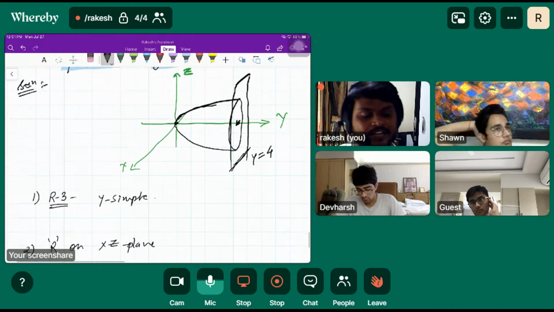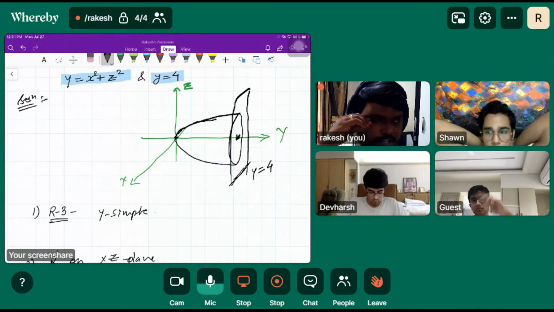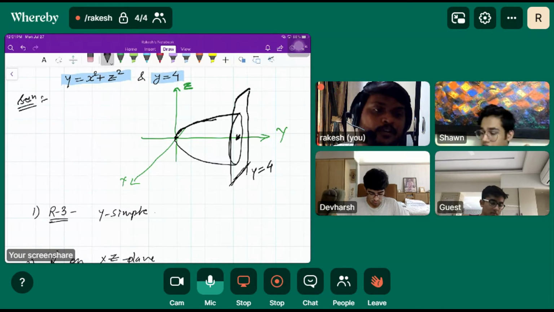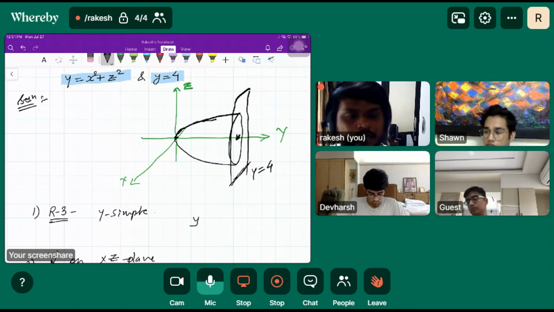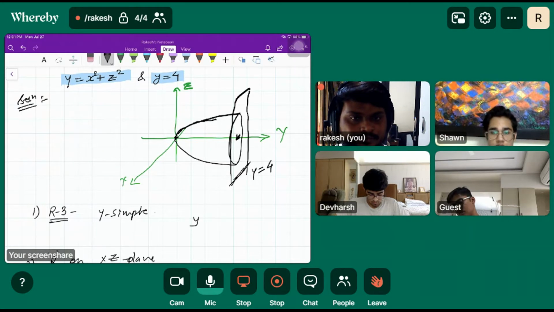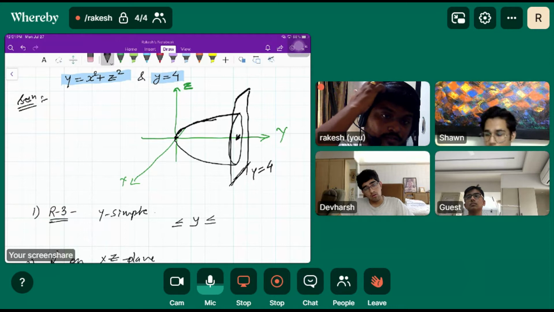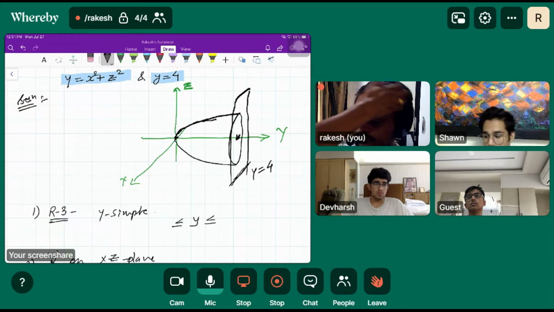So we have to define y simple first. For that, we need the lower and upper limit of y. What is the lower limit of y here? 0 to 4? Are you sure?